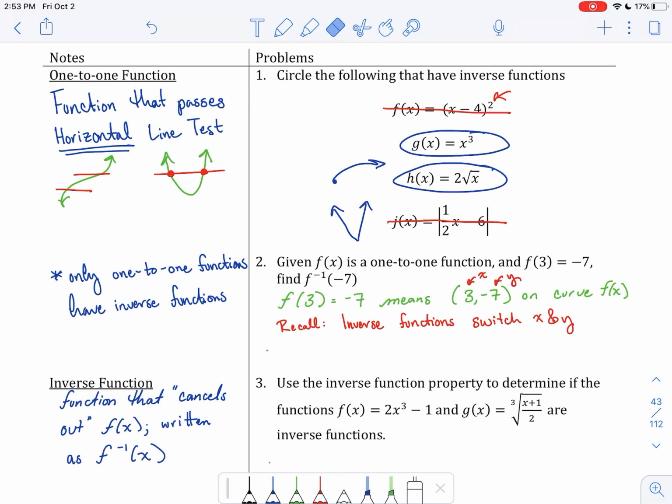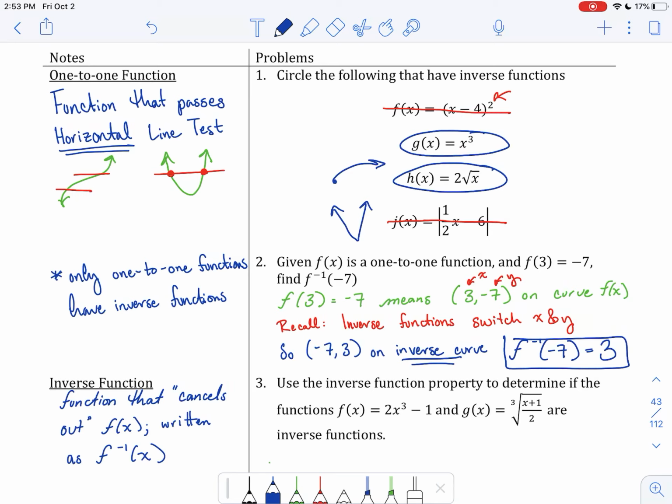So therefore, the inverse function will have the point negative 7, 3 on its curve. Because we're switching x and y, we're reversing the order. So instead of 3, negative 7, we have negative 7, 3. Therefore, if I ask what is f inverse of negative 7, well, that's 3 right there.